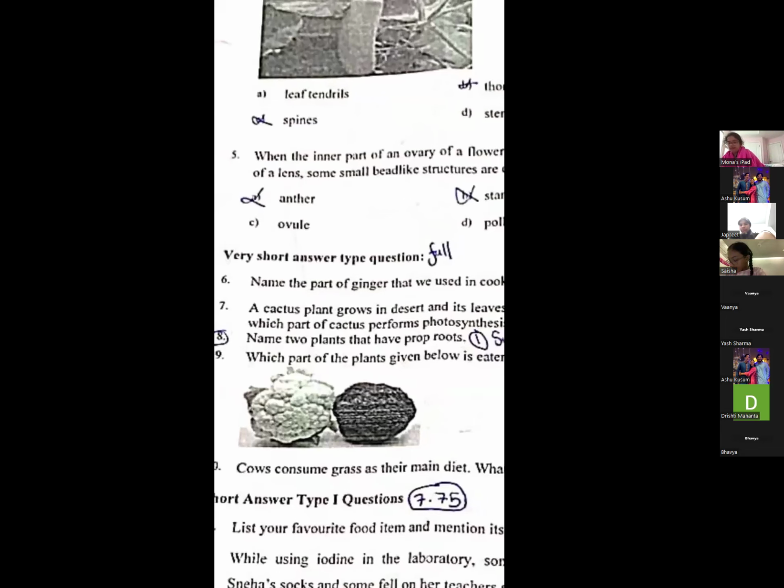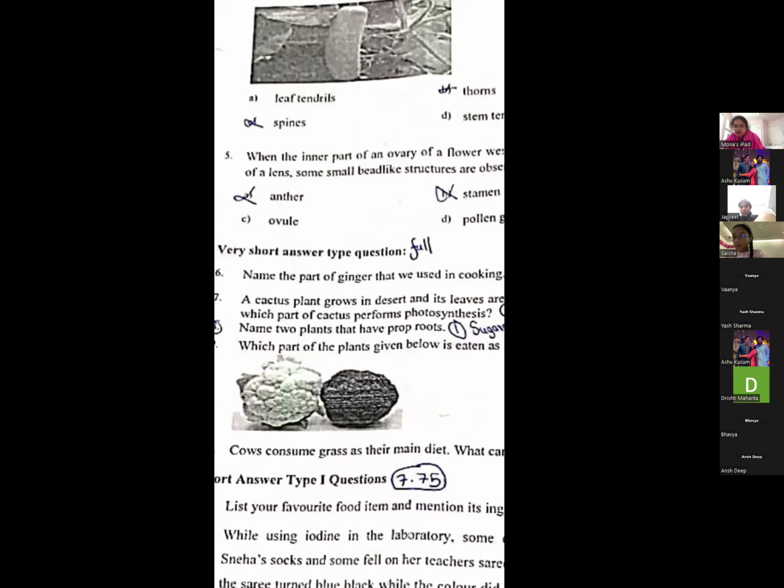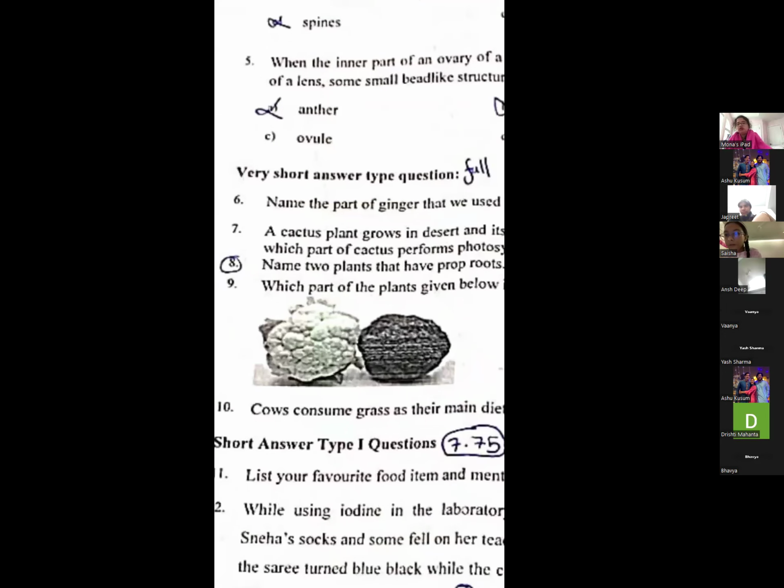Now, next question. Which part of the plants given below is eaten as food? First of all, tell me what is this photograph? Cauliflower. Gobi means cauliflower, right? Cauliflower and broccoli. Tell me, what do you think we eat? Which part of the plant in this photograph? Cauliflower, we eat the flower of it.